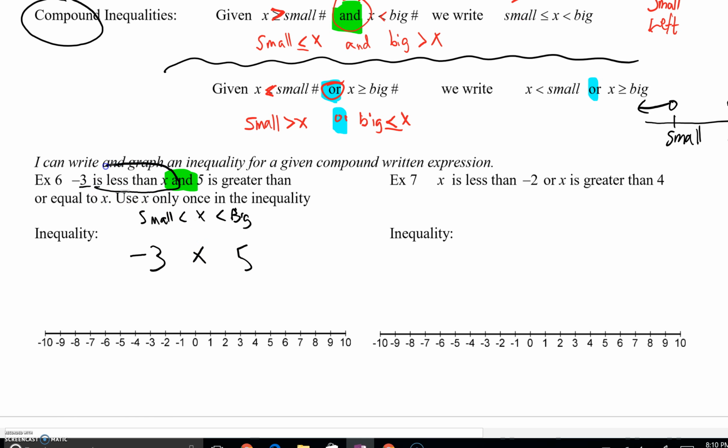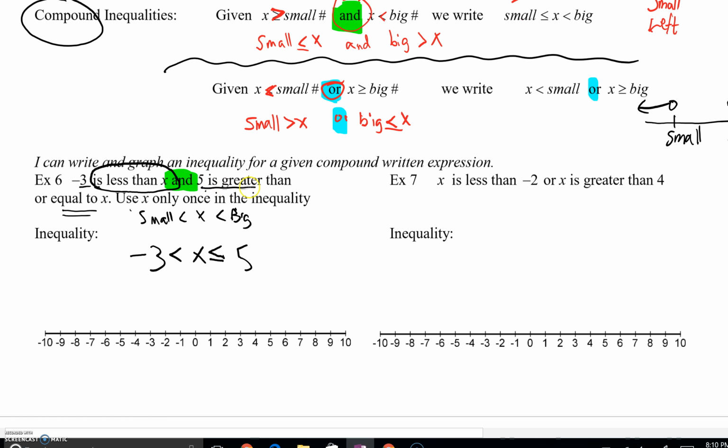This connection with X involves no equal bar. -3 is less than X, and that's literally the way we write it. It says 5 is greater than or equal to X. You would think, wow, that's not what you're writing. If there's an equal bar in this part, I'm going to write it with that equal bar right there.